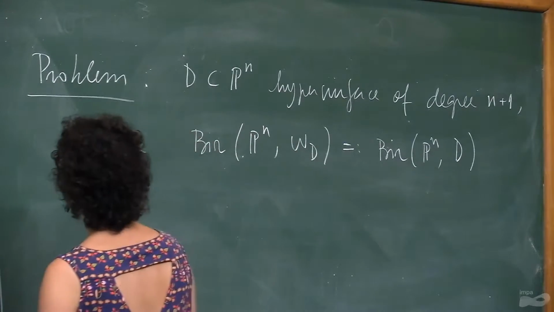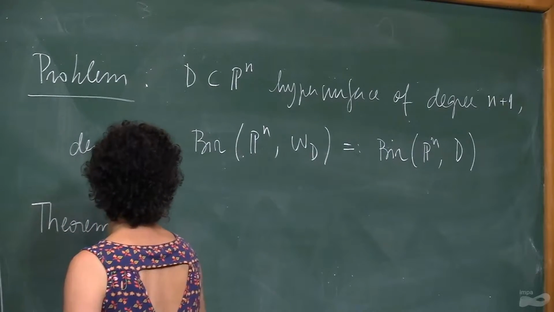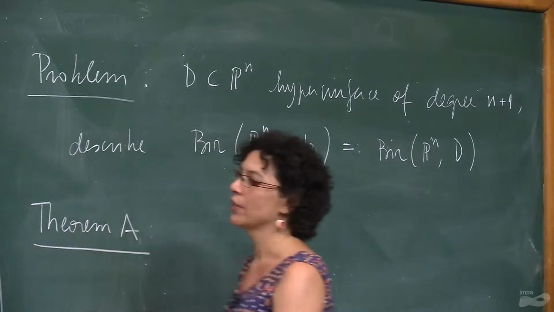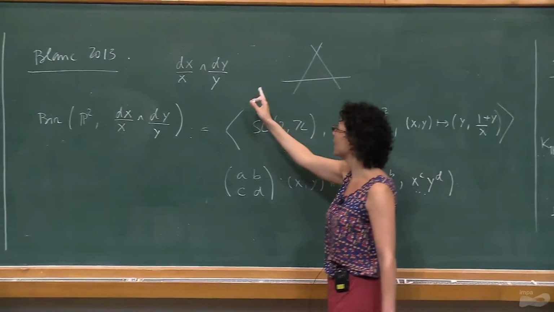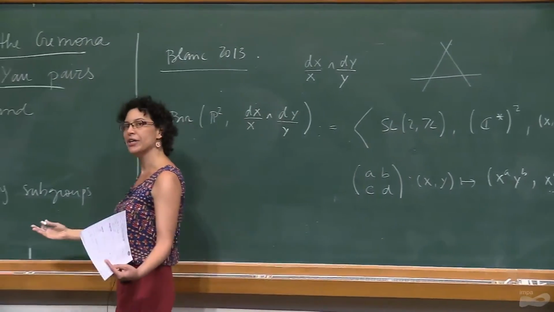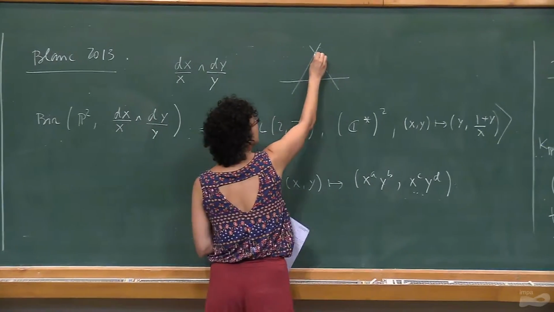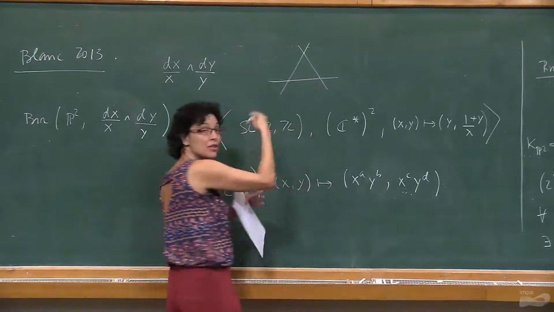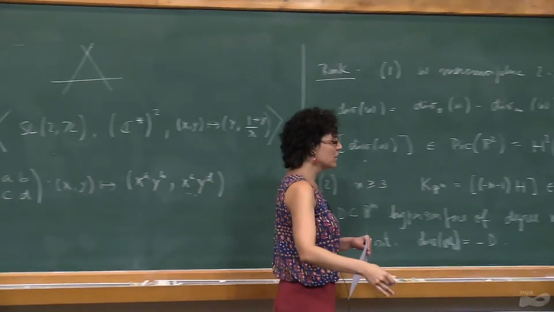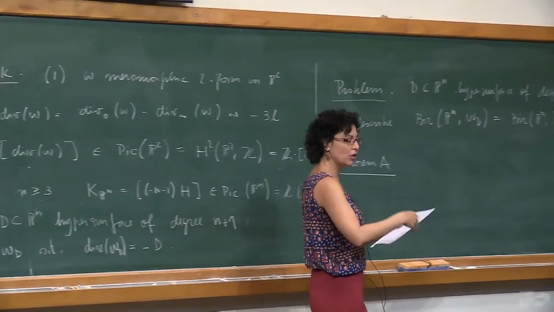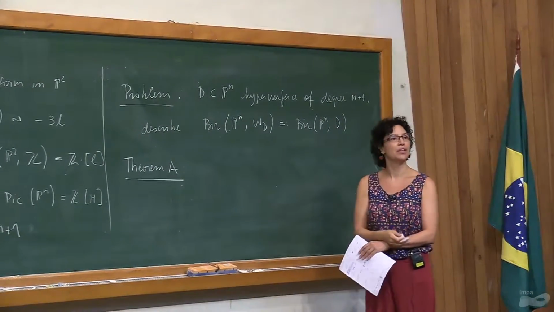So the first theorem, let me say Theorem 1, or Theorem A, says the following. Eventually we would like to use this nice symmetric meromorphic form in higher dimensions, but this is very degenerate. If you look at all hypersurfaces of degree 3, this is a very degenerate one. And so let's start with the simplest one, for instance a very general hypersurface of degree n plus 1.